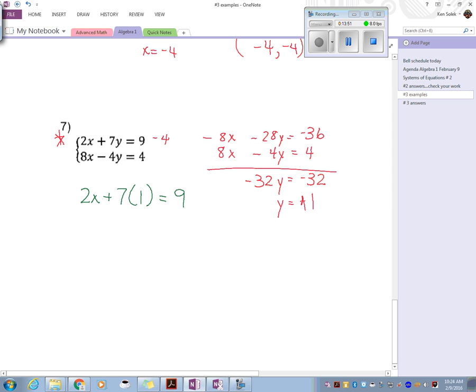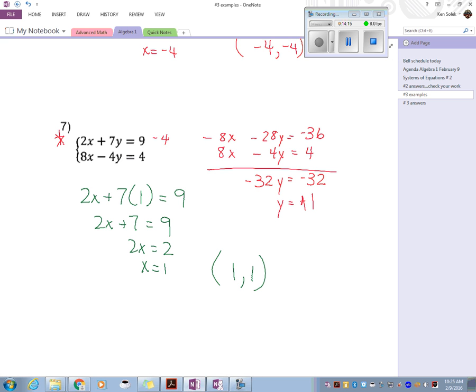So this is 2x plus 7 equals 9. Subtract 7 from both sides, and 2x is 2. So x is 1. So the correct answer is 1, 1. But the other one looked nice, didn't it? But had you graphed these, like we talked about with that first problem, you would have seen that that wasn't the case. So a good reason to check your answers for that.